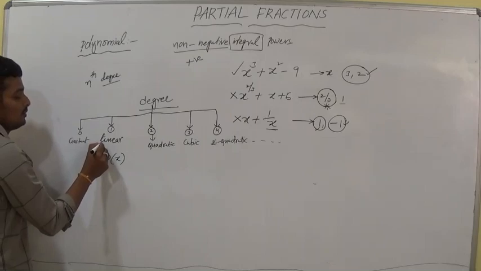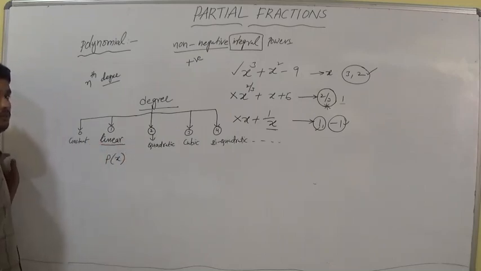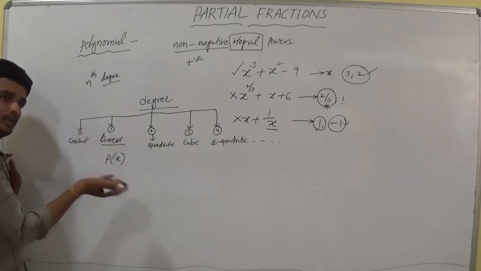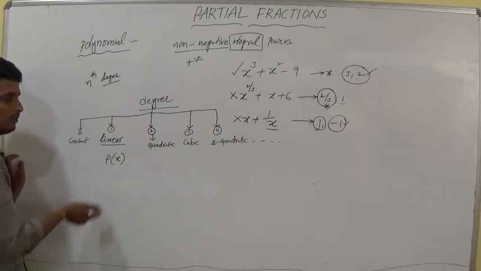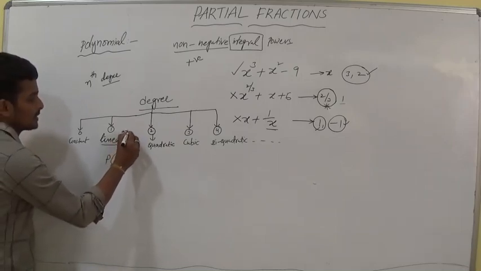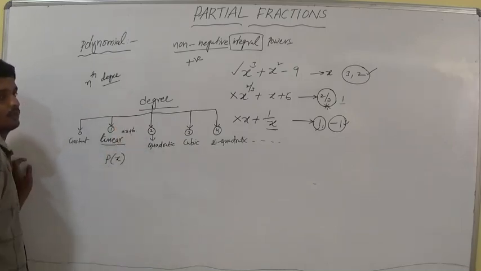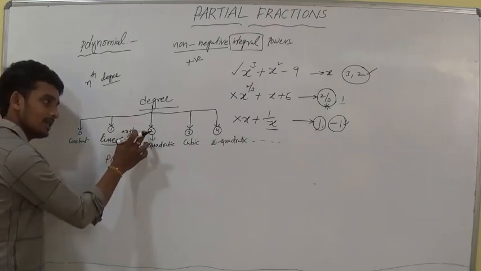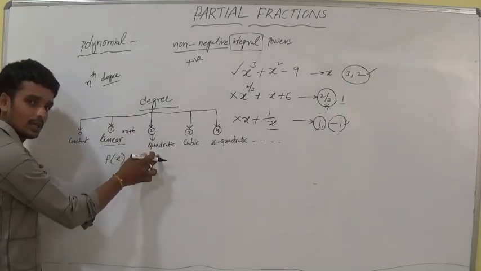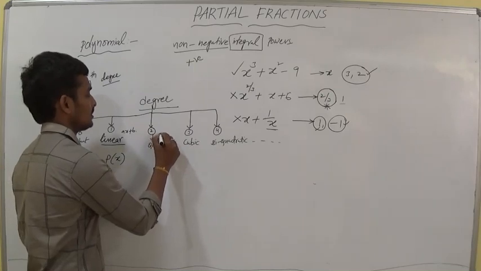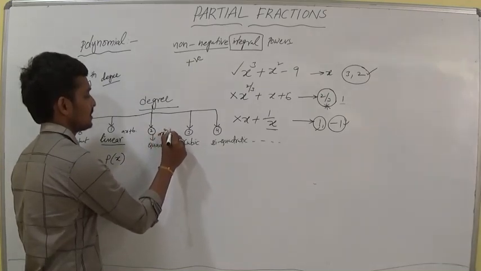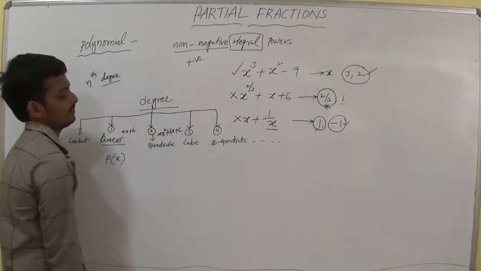Do you know the general form of a linear equation? Linear equation with the degree 1. You can write it, do you know? What is that? ax plus b. If the degree of a polynomial is 2, then the polynomial is a quadratic polynomial. You can write the general formula, that is ax square plus bx plus c.